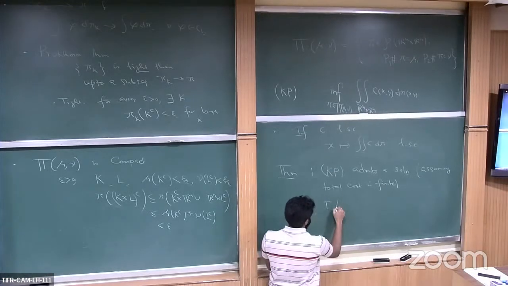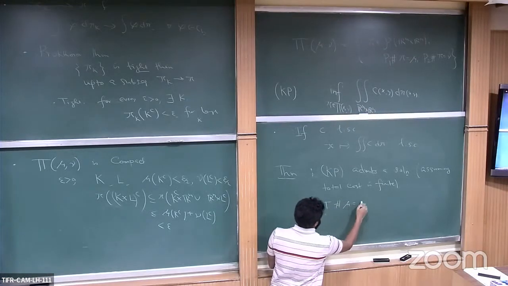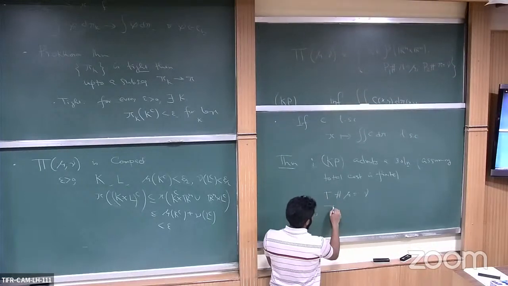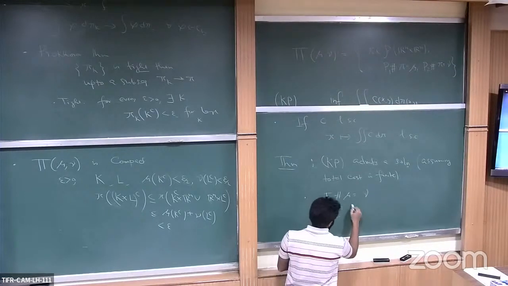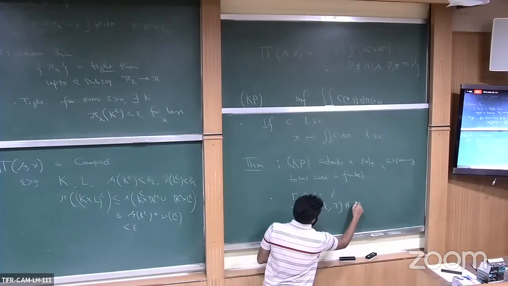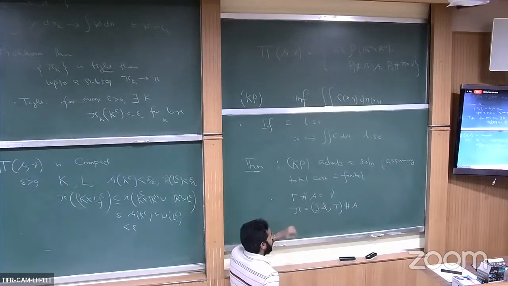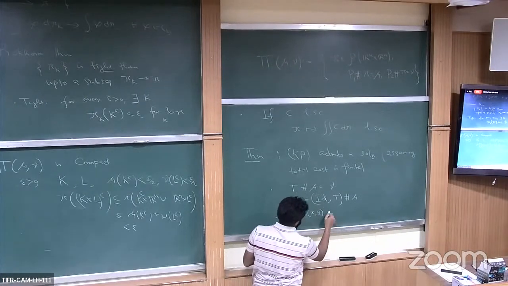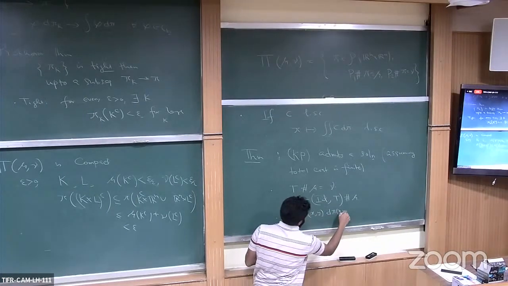Okay. So suppose T is a map that pushes forward mu to nu. Okay. Then you consider pi, which is just identity and T push forward mu. Then you can directly compute the integral of C dy pi x y.